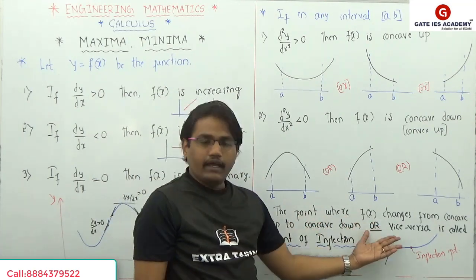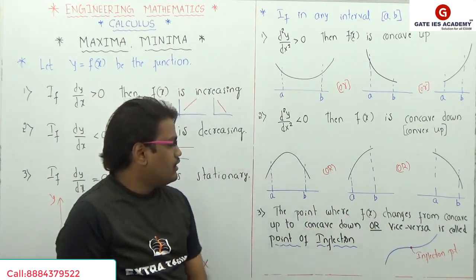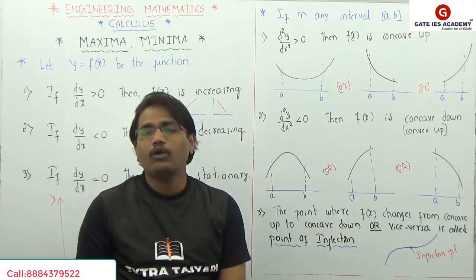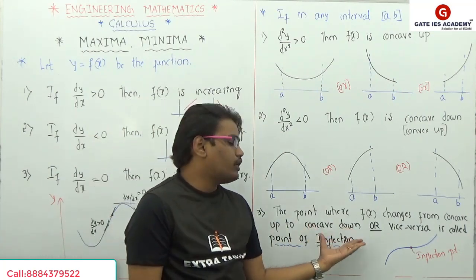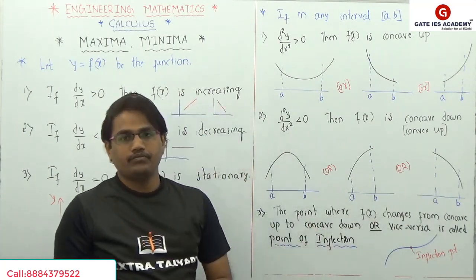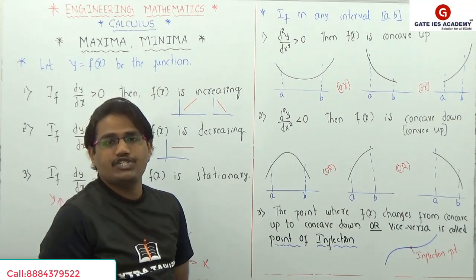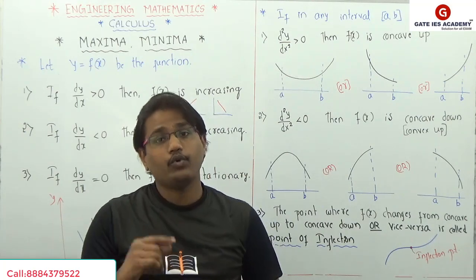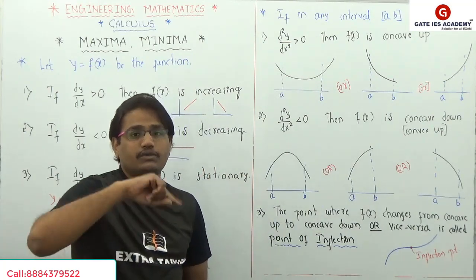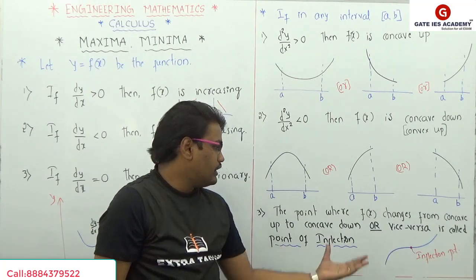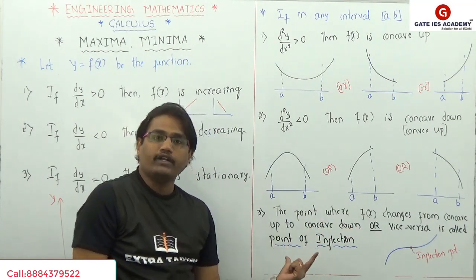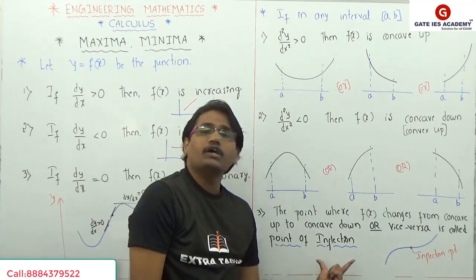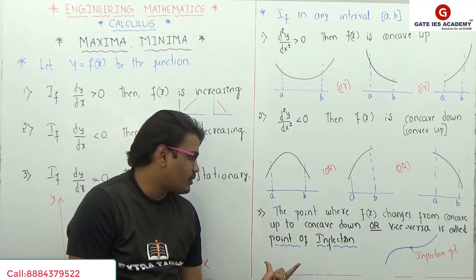The point where f of x changes from concave up to concave down, or vice versa, meaning concave down to concave up. Wherever the curve changes its shape from convex to concave or concave to convex, that point where there is a change in shape of the curve is known as the point of inflection, right?